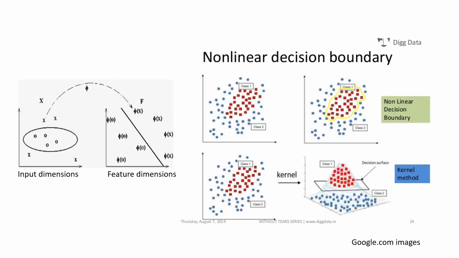So here are more images that I picked up from google.com. Here is another type of non-linearity, where all these O-shaped points versus the X points. All these O-shaped points are containable within a circle, right?